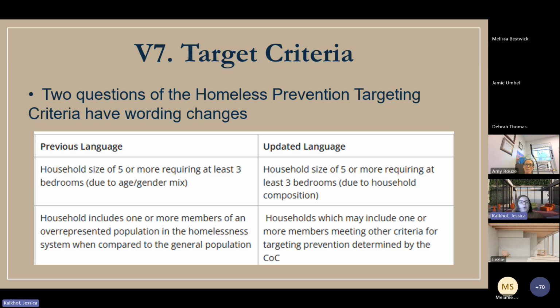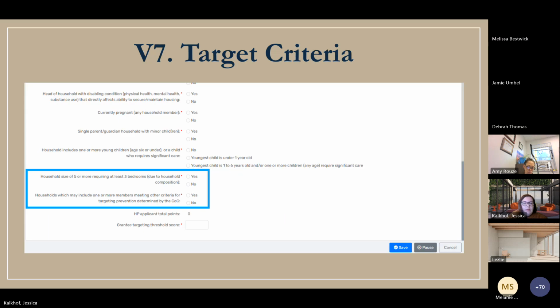Household includes 1 or more members of an overrepresented population in the homelessness system when compared to the general population has changed to households which may include 1 or more members meeting other criteria for targeting prevention determined by the CoC. And this is a small picture, but it shows you what those updated questions look like in that HP target criteria screen.